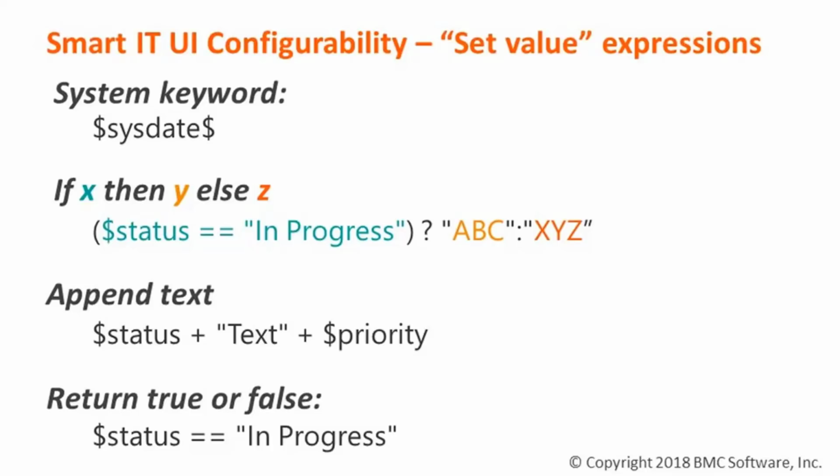We've got a set of keywords which are well documented, and you can also just return a true or false value. That might be very useful if you're cascading actions, because something's got to be tested, and then you might want to pick off that and do something else, either in a filter or a provider action or even another expression.